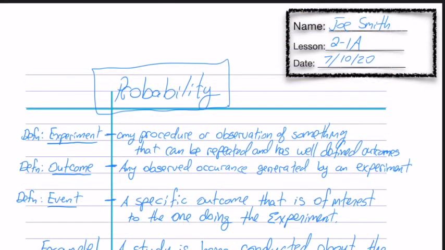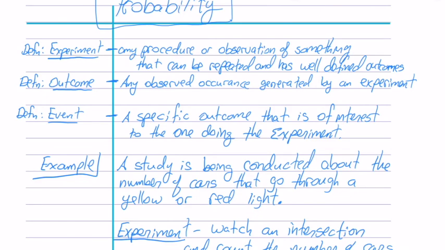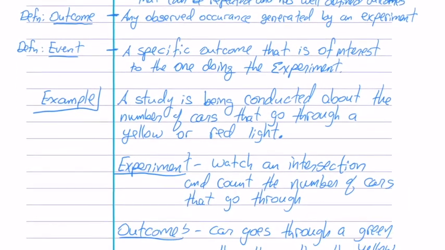So an example I did out for one of my topics that you will be learning in Module 2 is probability. So in the top right-hand corner, Joe Smith, this is 2-1A, and the date at the time I did this was 7/10/20. And then the title of it is probability. So I have my definitions of experiment, outcome, and event. And then I have my example.